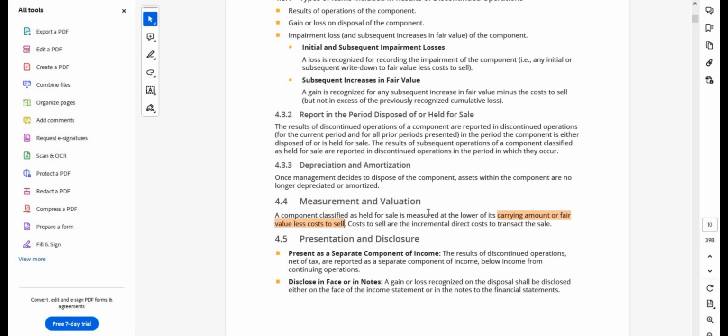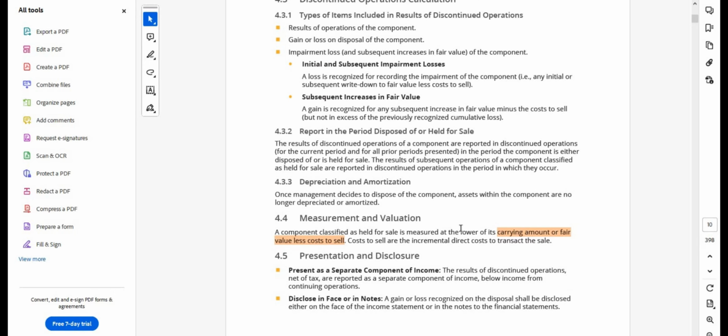But for example, the fair value is 100 and the cost is 80, then we will follow lower of cost or fair value. But if the fair value is 80 and the cost is 100, then we will categorize it under 80, which means when an asset or a disposal group is classified as held for sale, it indicates that it will be sold in the near future within 1 year, most probably, and it's highly probable that the sale will occur.